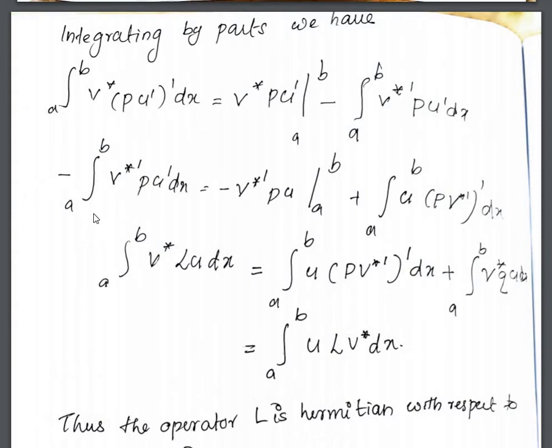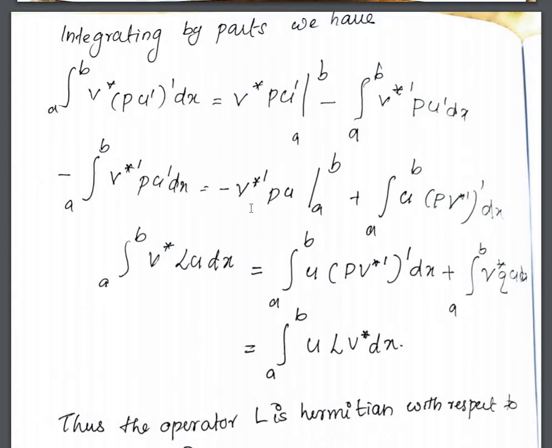So the term minus integral a to b v star dash p u dash dx remains, since using the boundary condition, the first term will vanish. So the term remaining in this equation is nothing but minus integral a to b v star dash p u dash dx. In a similar way, we apply integration by parts by taking the first function as v star dash p.